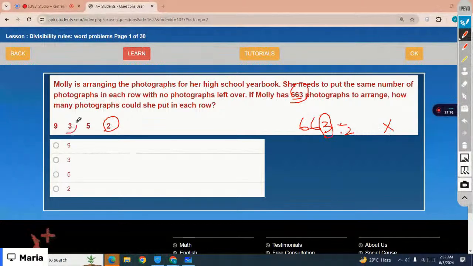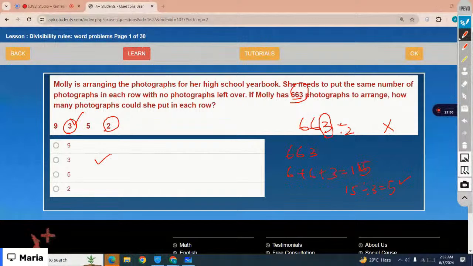Now let's apply the divisibility rule for 3. You have to add up all the digits. That is 12, 13, 14, 15. If the sum is divisible by 3, the number is divisible by 3. 15 is divisible by 3, yes it is. That means 663 is divisible by 3, so in each row she can put 3 photographs. The correct option is 3.